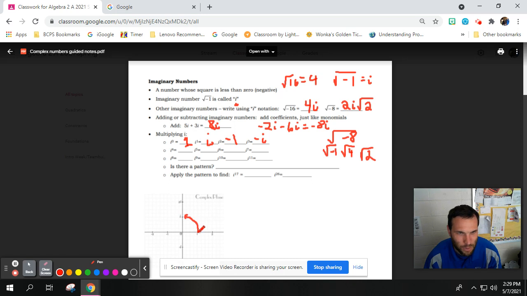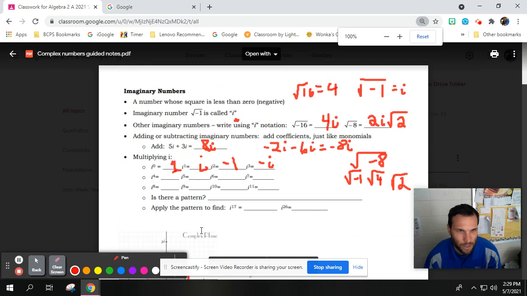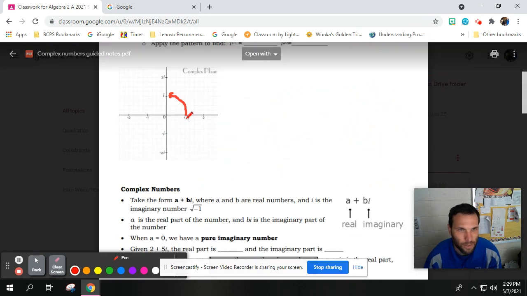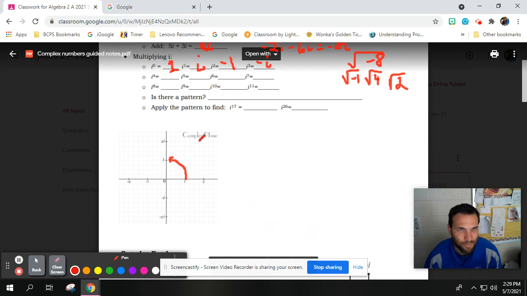So just to make sure you're aware, this is a complex plane. So this is 1 here, and this is i right here.